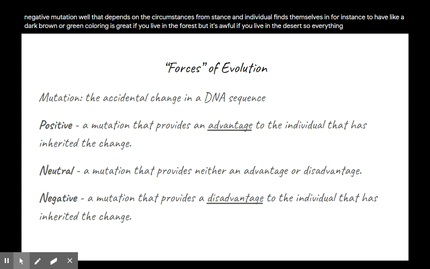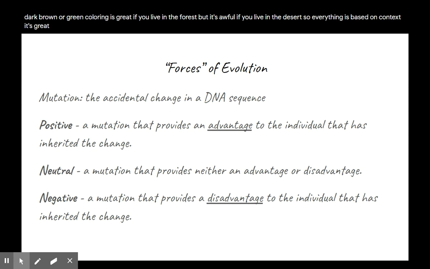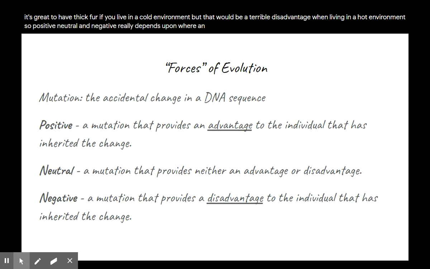So everything is based on context. It's great to have thick fur if you live in a cold environment, but that would be a terrible disadvantage when living in a hot environment. So positive, neutral, and negative really depends upon where an individual finds themselves and what sort of habitat they happen to be living in.